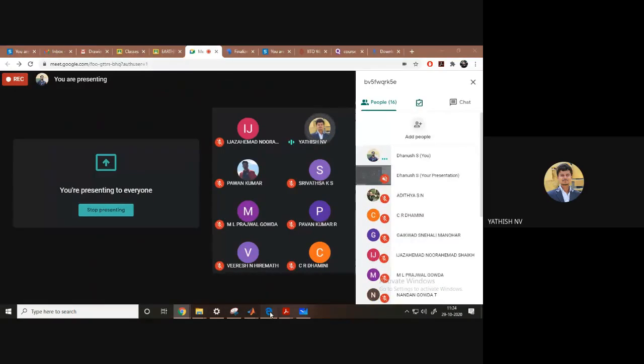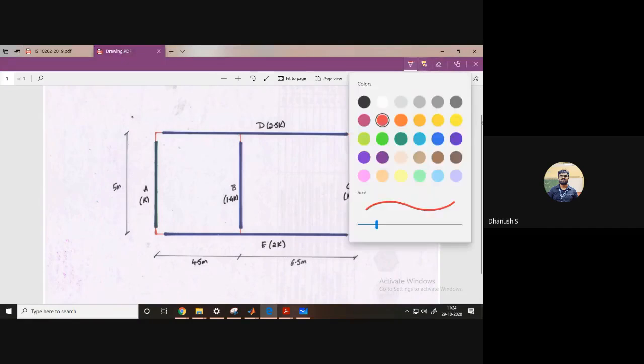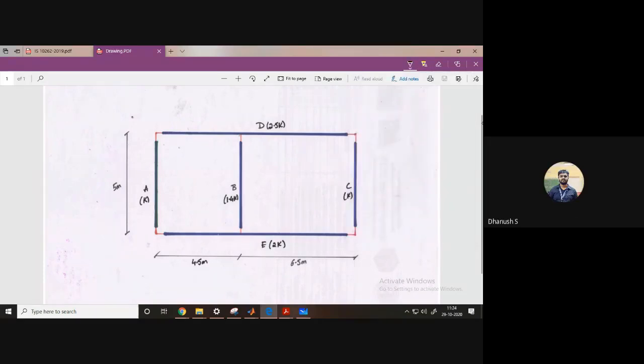5.5 comma. Okay, where is center of mass located? It is basically the geometric center of the entire figure. So if this is 5, it is going to be halfway here. And the entire thing is 4.5 plus 6.5, which is how much? 11.